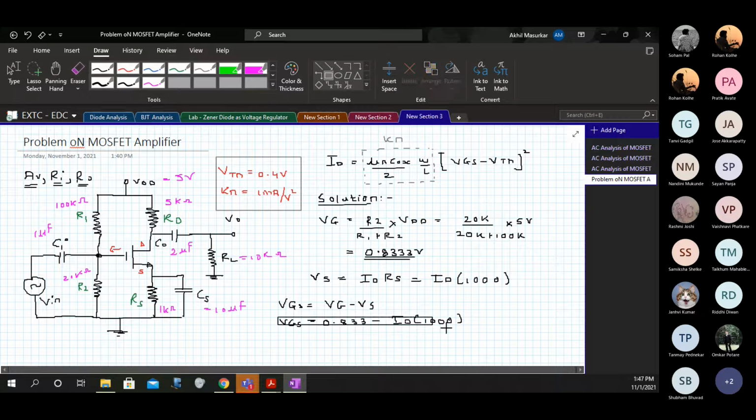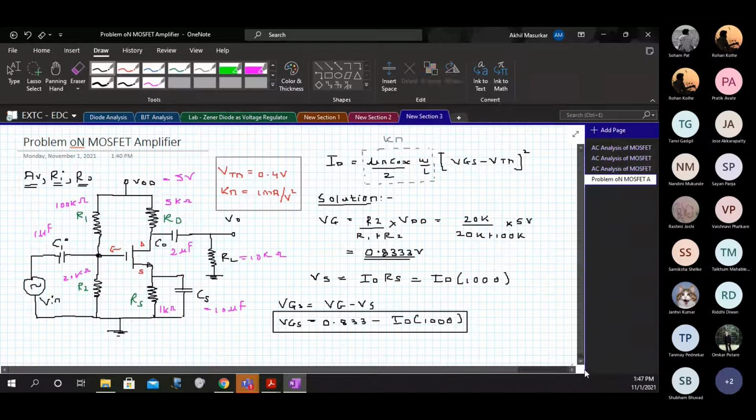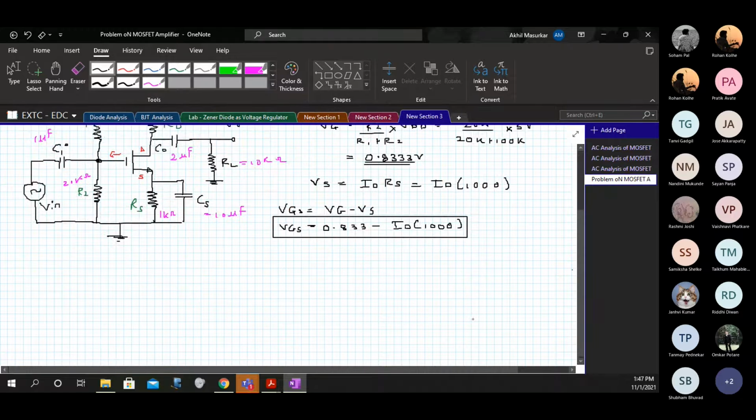So actually, to calculate AC values, we have to first perform DC analysis. That is something new here. That is why I am just solving this for you. Now we know that ID is equal to Kn into VGS minus VTN the whole square.